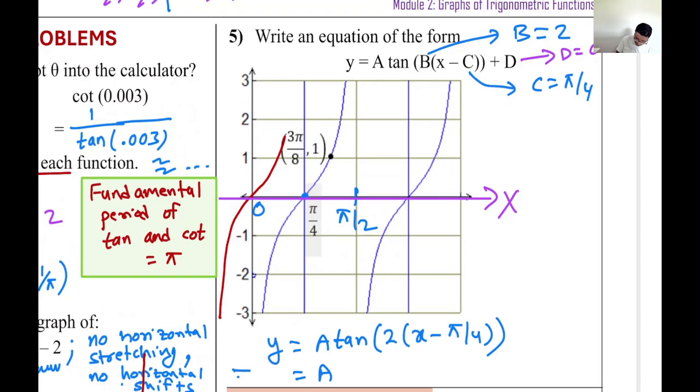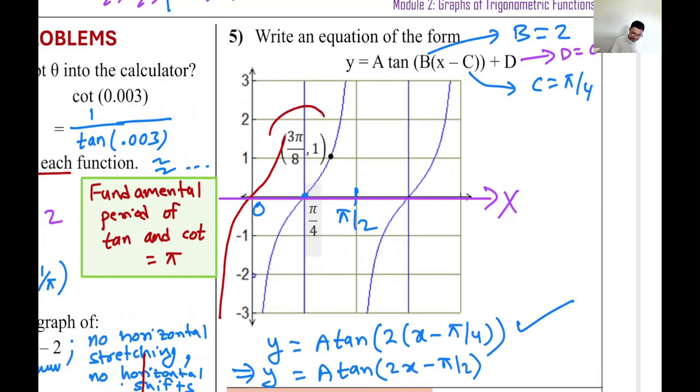That will be A tan of 2x minus pi over 2. That is the equation, simplified into the given form, as you are asked to put it.